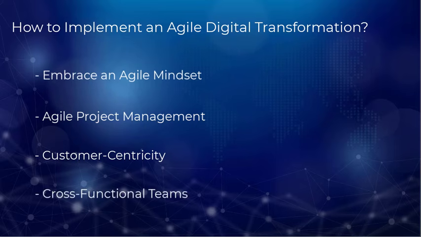We at ProfileTree would also encourage cross-functional teams, where agile digital transformations often involve restructuring teams into cross-functional units with a diverse skill set, and this can be an important factor for getting the most out of your teams and your workplace as a whole, where these teams are responsible for end-to-end delivery from the beginning of your project right through to the end.